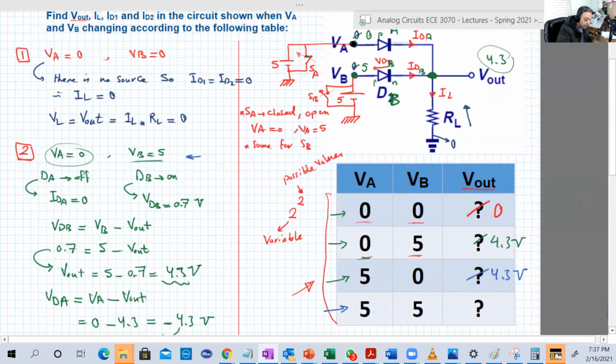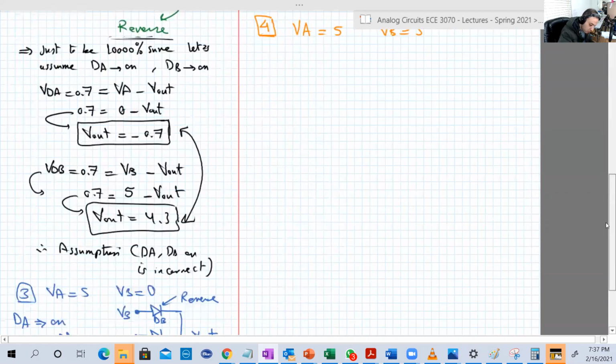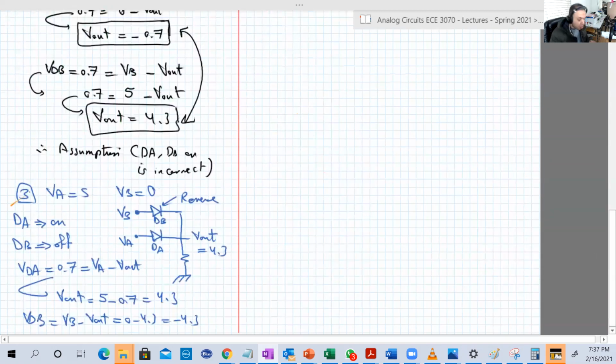You will notice something in 1 and 2 and 3. You notice the following. When the input is 5, VA for example is 5, DA is forward. And when the input is 0, the diode is reverse, or it doesn't have enough source to give it 0.7 to conduct, or off.